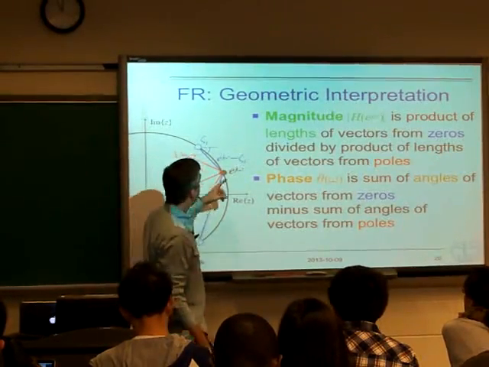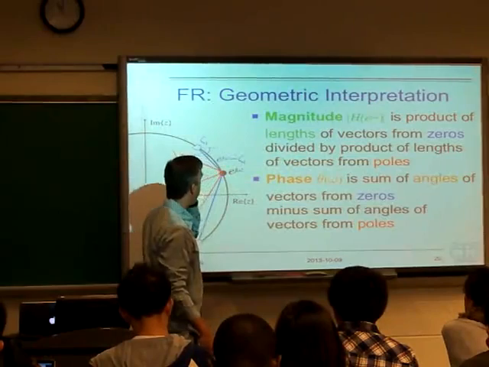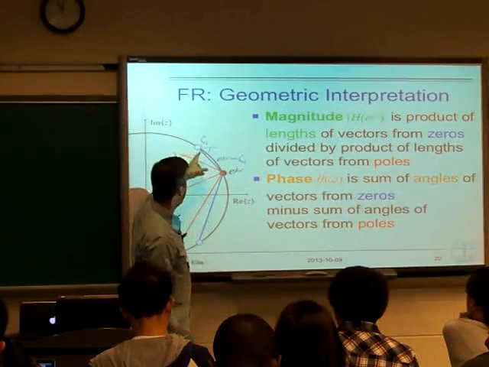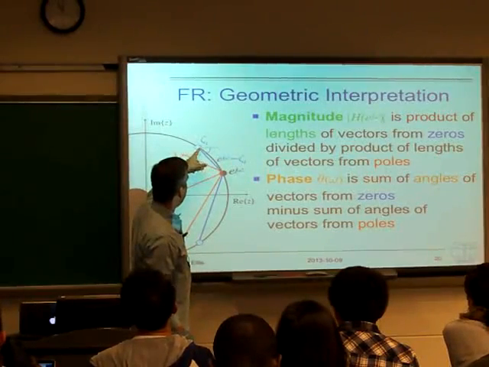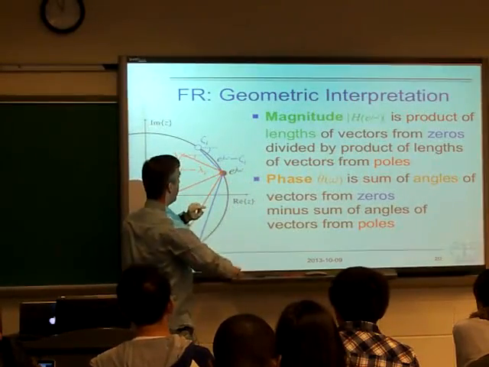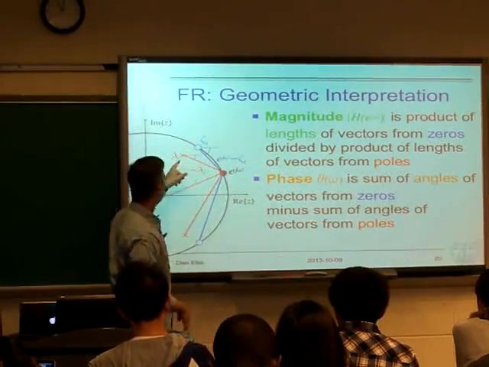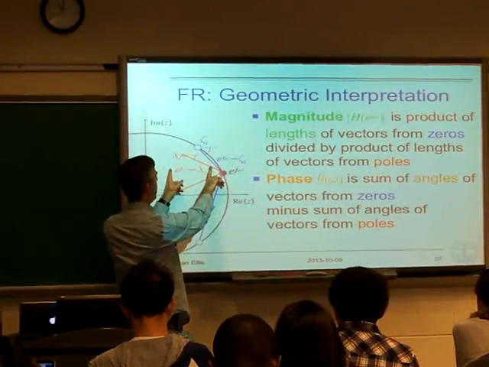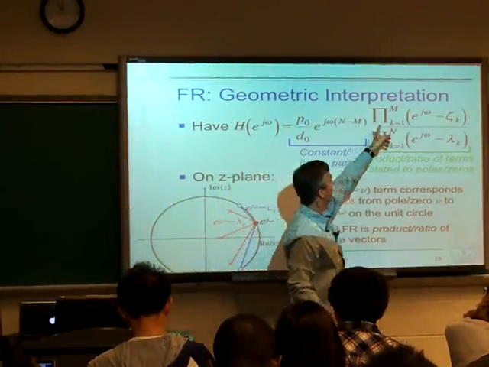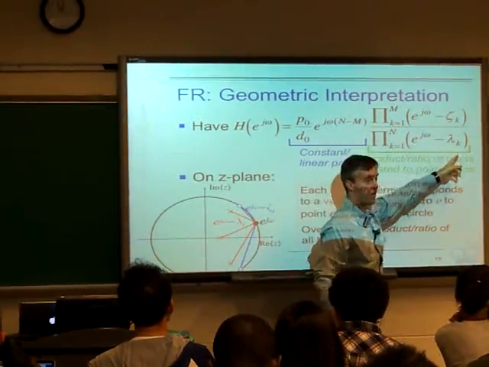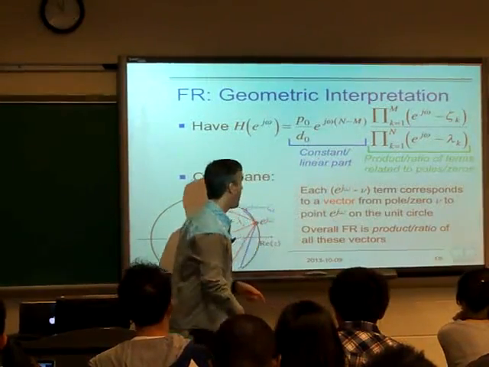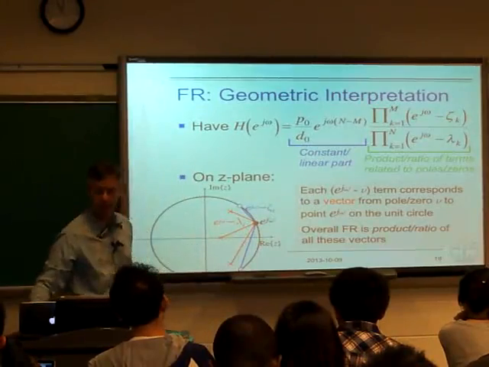In particular, the magnitude of H(e^{jω}) is the product of the lengths of the vectors from the zeros, the magnitude of e^{jω} minus ζ_i, that was on the numerator, divided by the product of the lengths of the vectors from the poles, the magnitude of e^{jω} minus λ_i, that was on the denominator. On the previous slide, that's the product of these terms divided by the product of these terms, and the magnitude of that is just the product of the lengths of these terms divided by the product of the lengths of these terms. Those lengths are literally the lengths of these vectors.